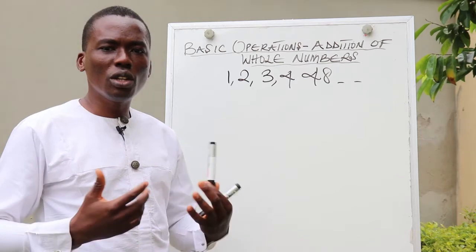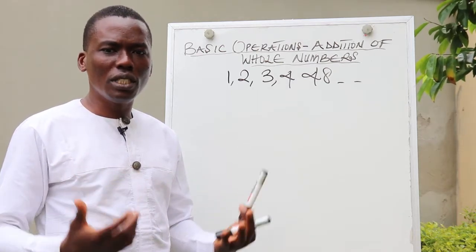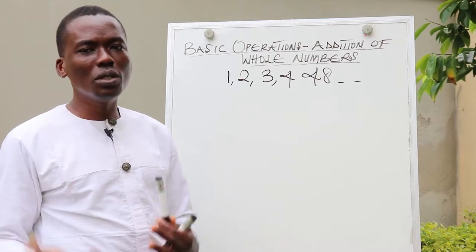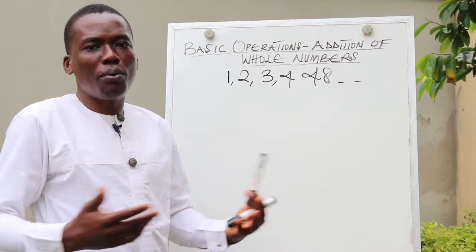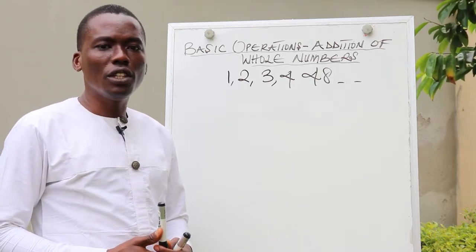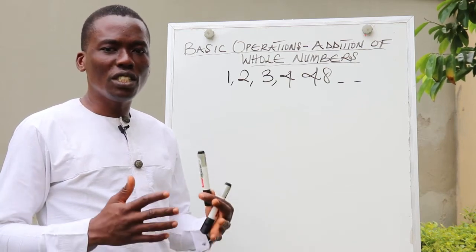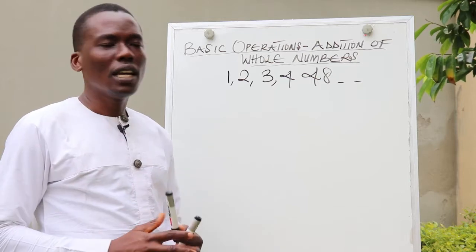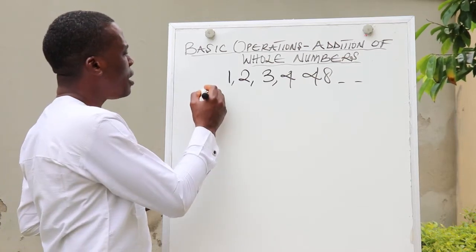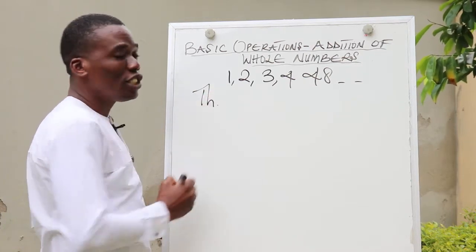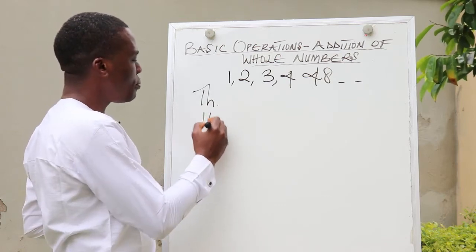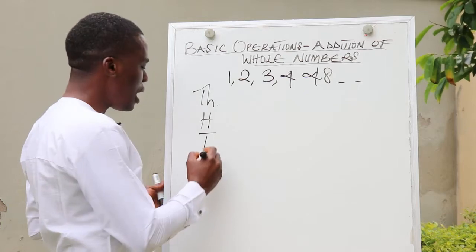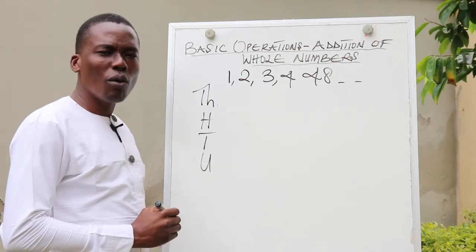So addition of 4 digit numbers is done the same way as 2 digit and 3 digit, or probably 1 digit numbers. But a 4 digit number consists of 4 digits, and those digits can be the thousands represented by TH, the hundreds represented by H, the tens represented by T, and the units represented by what?